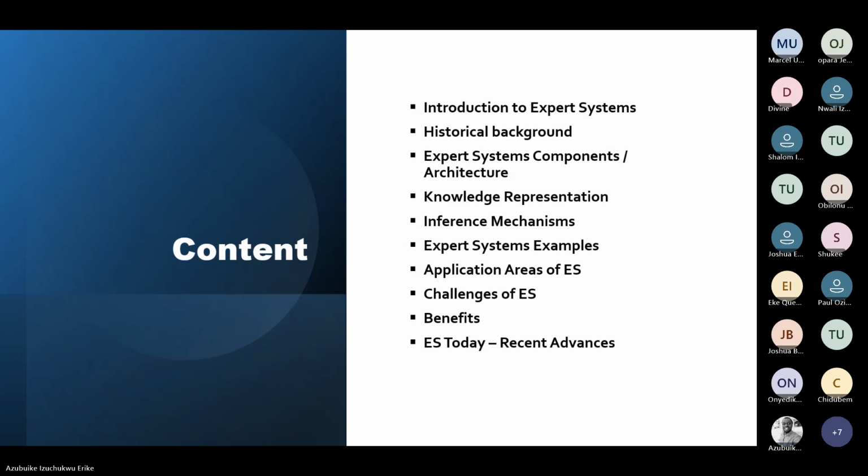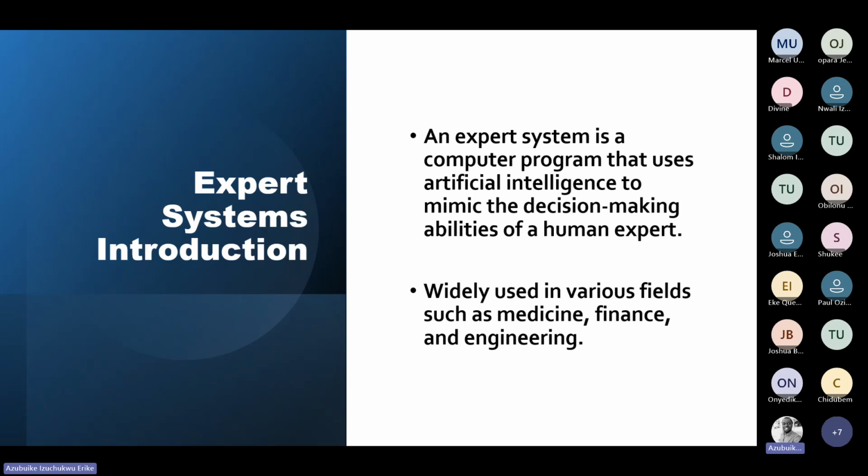Okay. So the first question we're going to ask ourselves is, what is an expert system? We said that it's a computer program that uses artificial intelligence to mimic the decision-making abilities of a human expert.